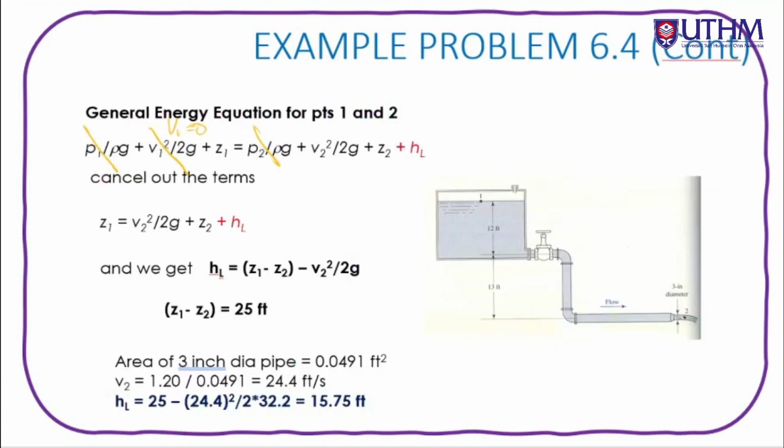So firstly, macam biasalah, kita kena dapatkan the general energy equation, in which also known as the Bernoulli lah. Okay, Bernoulli equation between point 1 and point 2 means here and here. So based on Bernoulli, kita add on the losses. Yang ni yang kita nak cari kan. Berapa losses dia sebenarnya. So based on Bernoulli, kita boleh cancel out mana-mana yang kita boleh cancel out. Contohnya pressure 1 dengan pressure 2 kita cancel out sebab atmospheric kan.